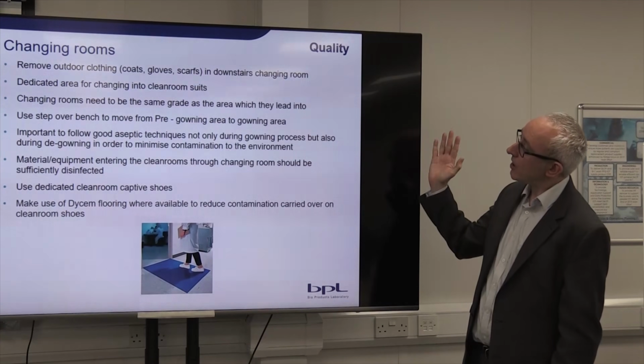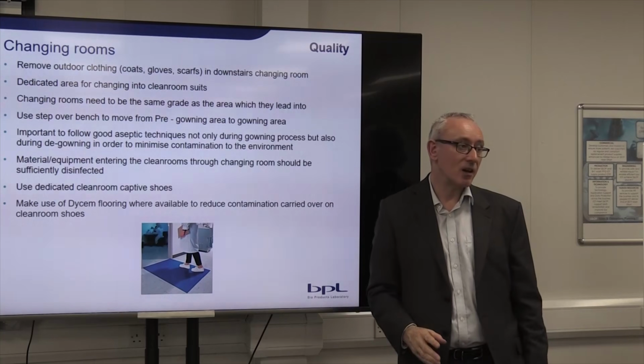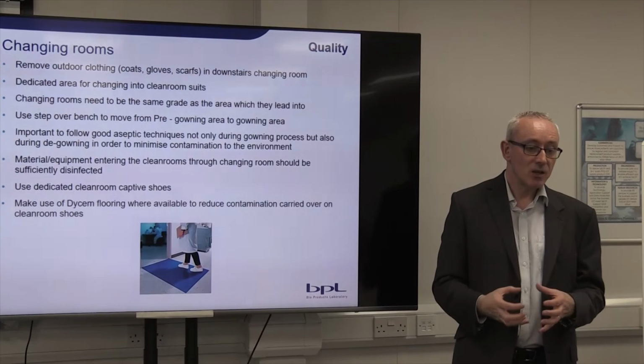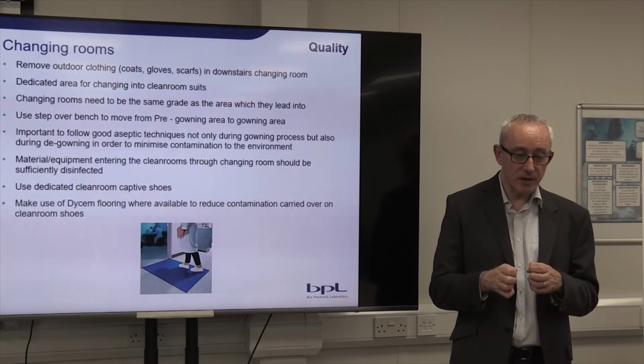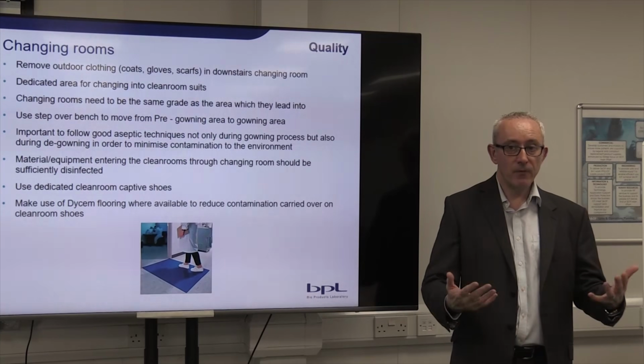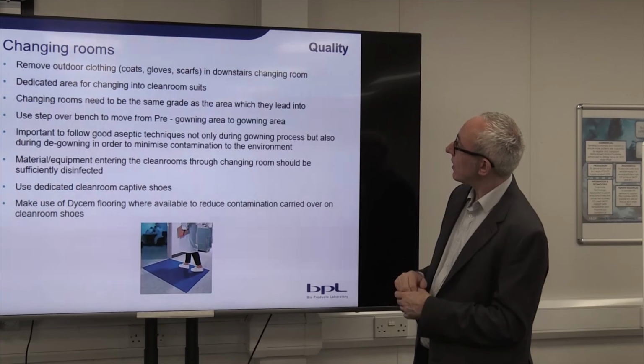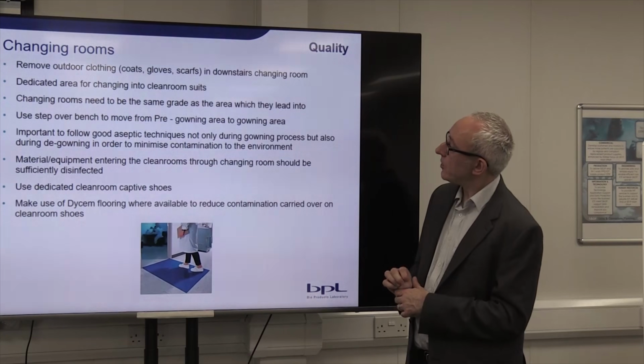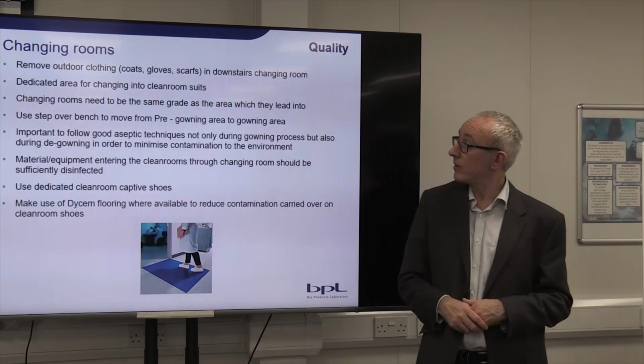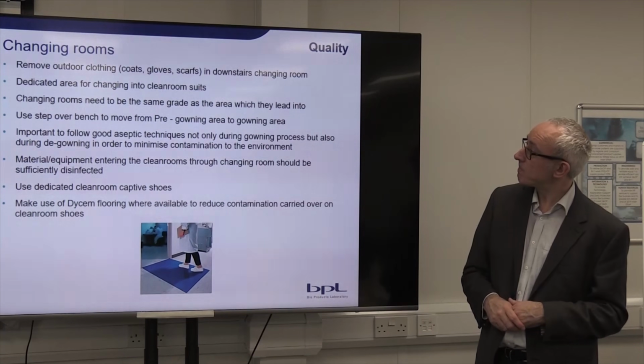Okay, so the other thing is going into changing rooms, and there's a kind of a cascade of that. When you first go into building 27, there's a first stage changing room, and here you need to remove your outdoor clothing, and then you go into the areas where you'll be putting on clean room suits.